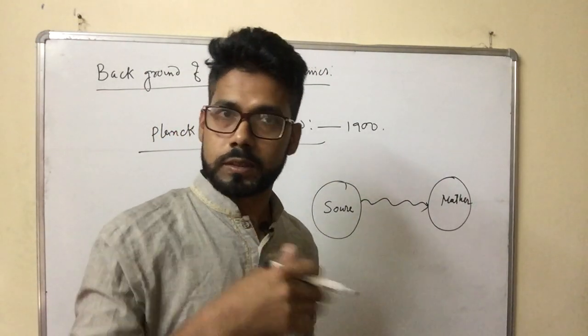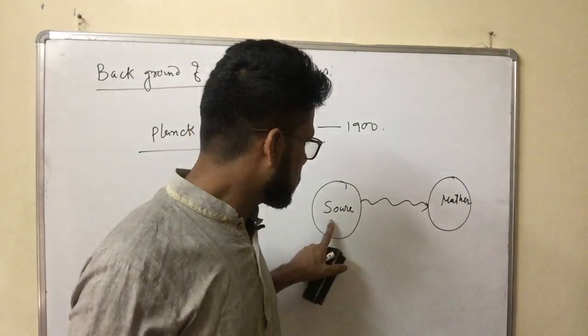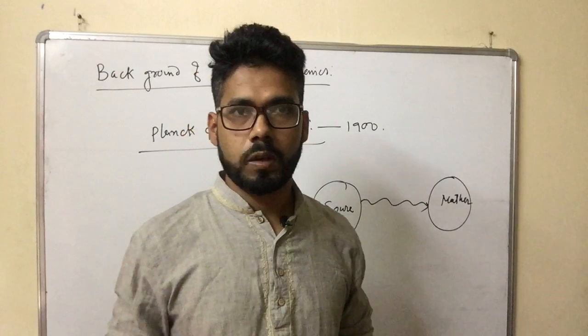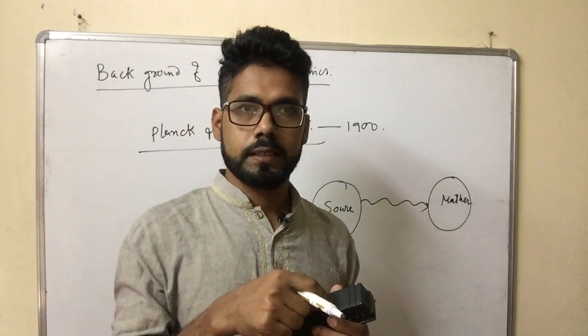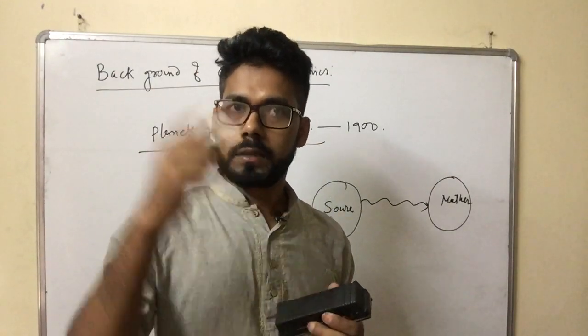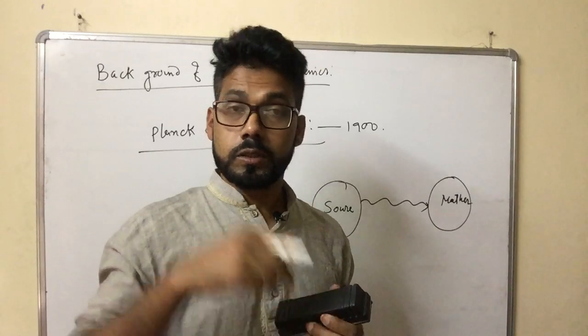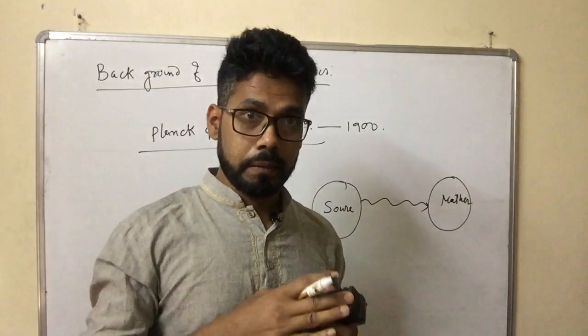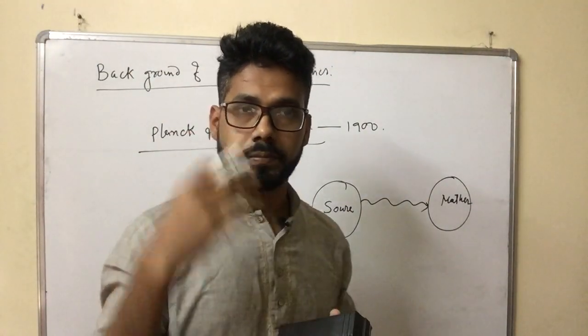It is a continuous process. Whenever you give radiation on a particular object, there will be exchange of energy from the source to matter, and this transformation of energy is a continuous process.